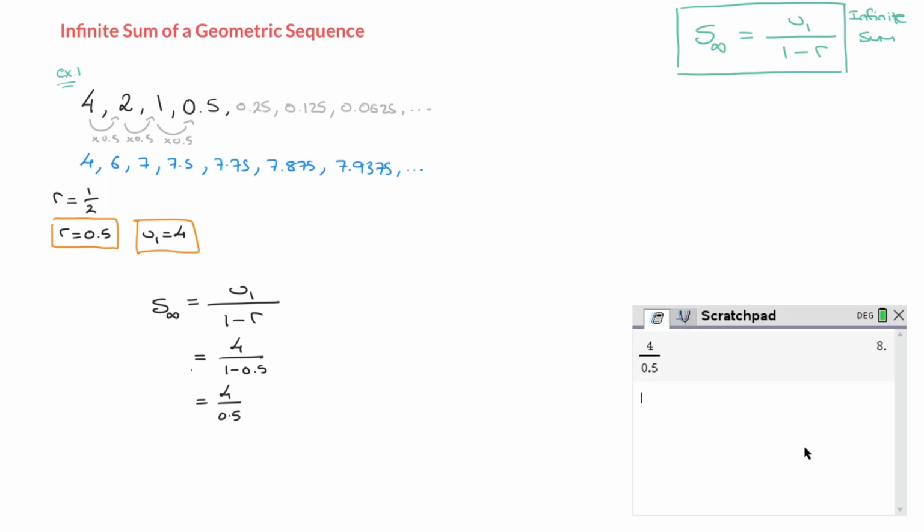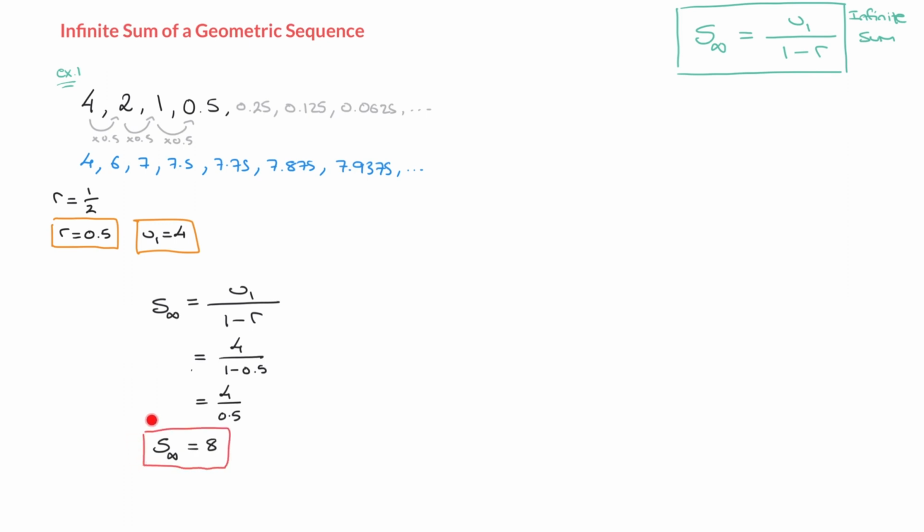By all means check with the calculator if needs be, but 4 divided by 0.5 is equal to 8. So we can state that S sub infinity is equal to 8. Done.